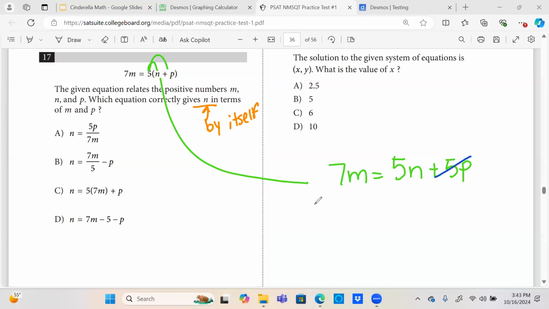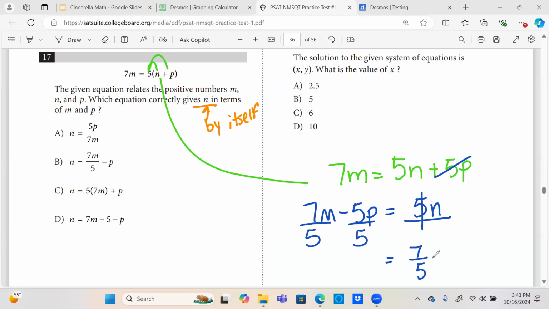So I'm going to subtract to get the 5p over, and then divide by 5. But you'll see that's not a choice. So instead of dividing by 5 and making it a big fraction, I could divide each term by 5, which would give me 7/5 m, and then 5 divided by 5 would just cancel and be minus p is n. Let's see if that's a choice. Yes, that is choice B.